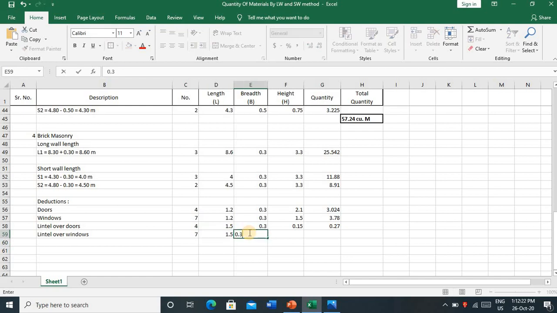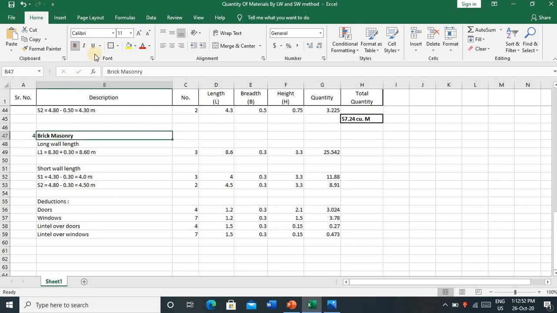Breadth will be 0.3, height is 0.15, and the calculation is 0.473. See these are the quantities of brick masonry without deductions.